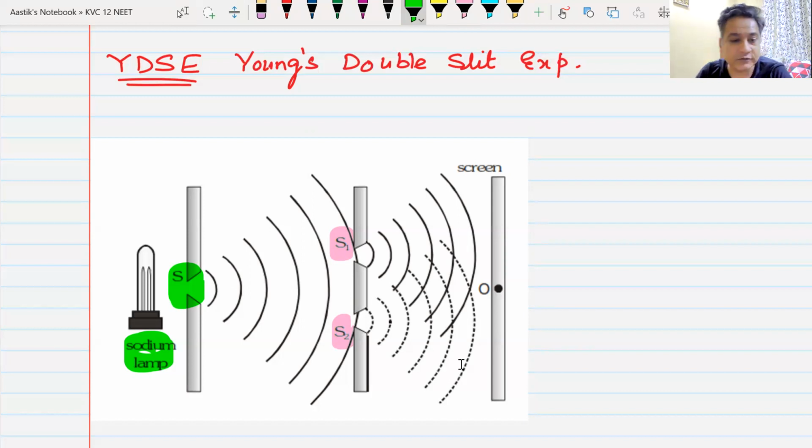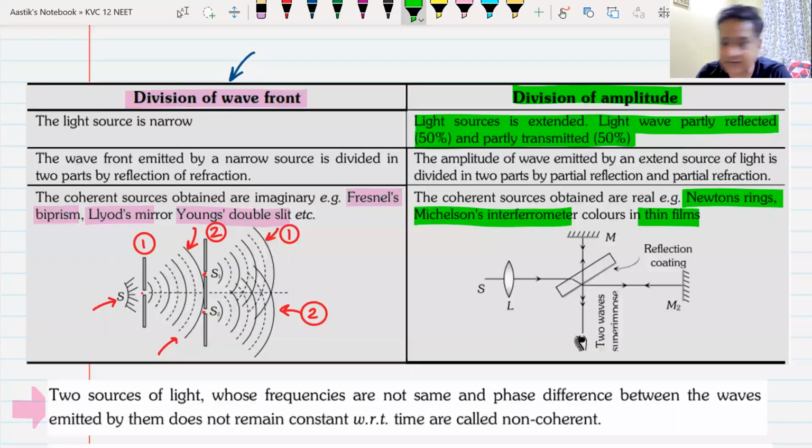So back in time we go to the previous class, and these were the two methods that we had seen. The first one was known as division of wavefront, and the second one was known as division of amplitude.